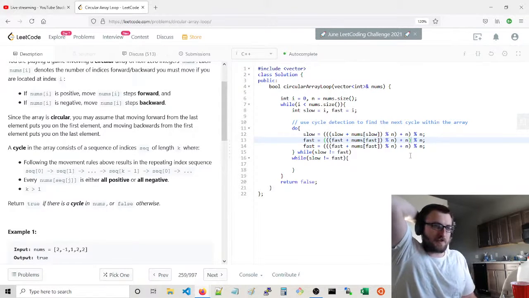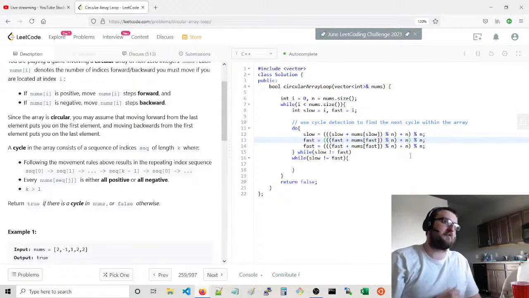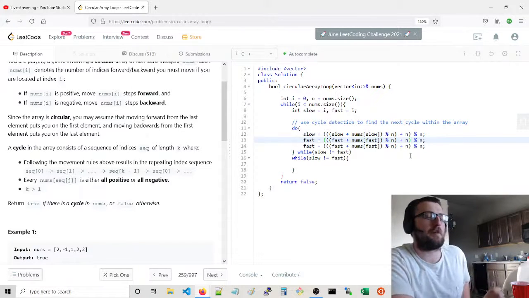Because when we go negative 1,000, it's a multiple of 5, so we should end up at the same spot.